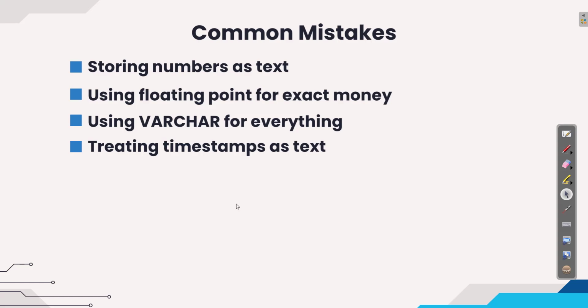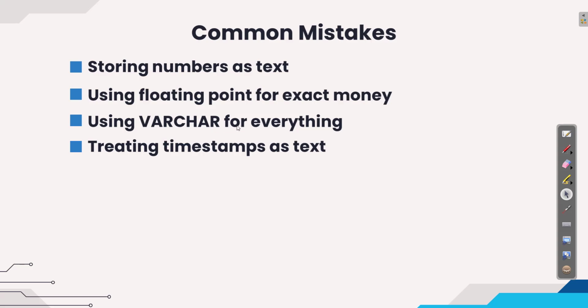Okay, the common mistake is storing the numbers as text. Also using floating point for exact money. If you have the balance in case of only the integer value, use the integer, not the floating numbers. Using varchar for everything is wrong. So you have to specify the correct data type, char or varchar, and correct size.